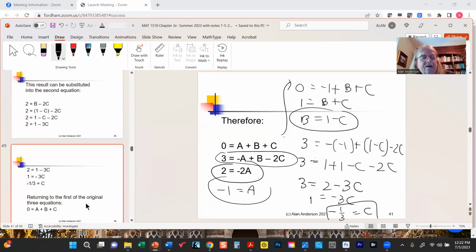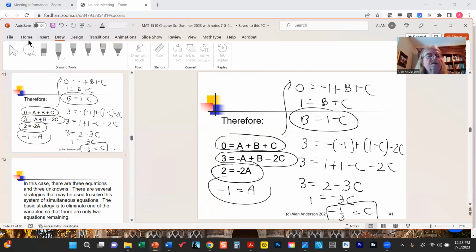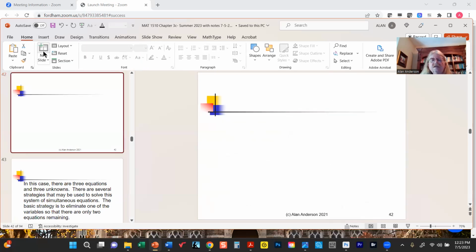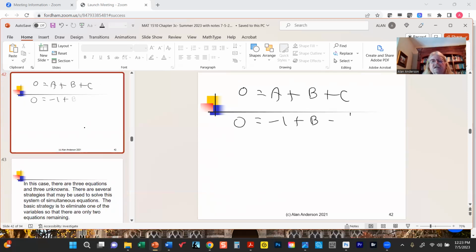And now we have 2 of them. We can put the definition of A, or these constants for A and C, back into, let's say, this one, and solve for B. All right, so 0 equals A plus B plus C. And we just got through showing that A equals -1 and C is -1/3.